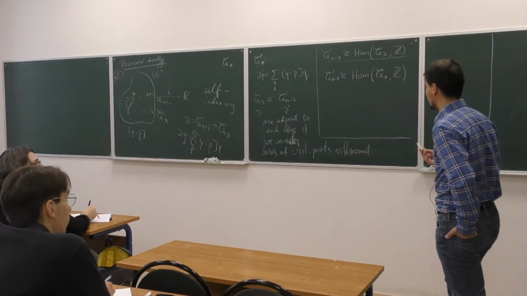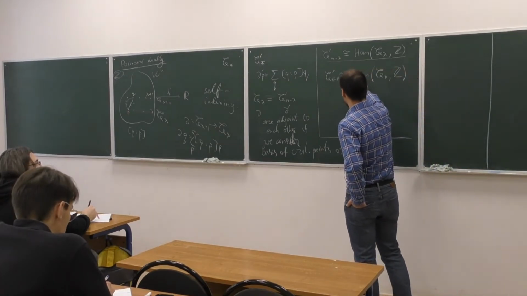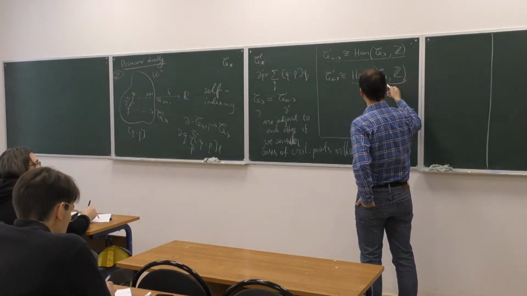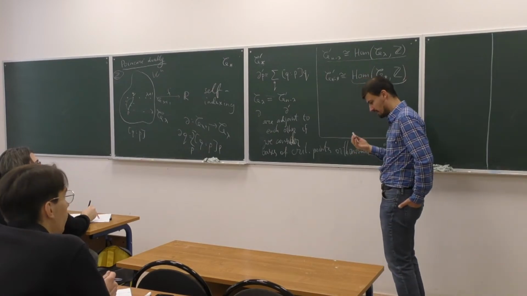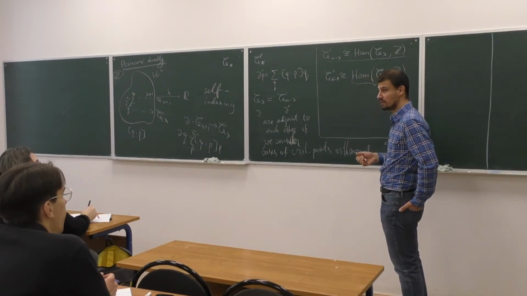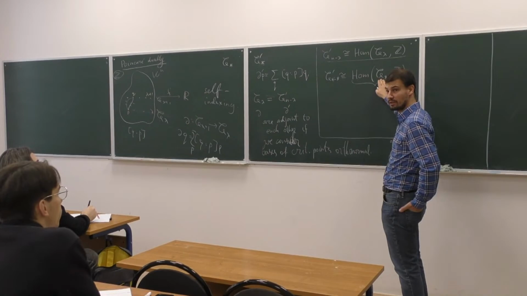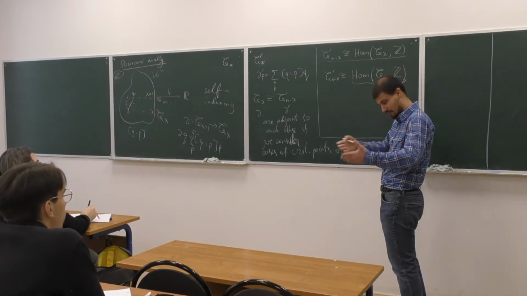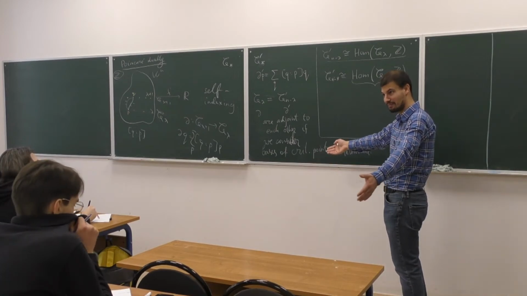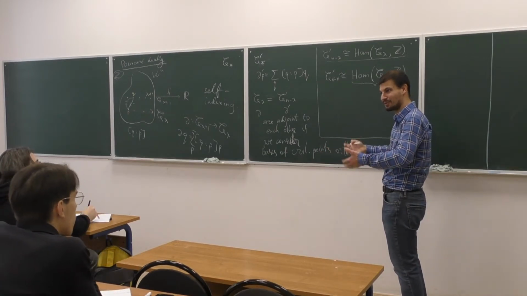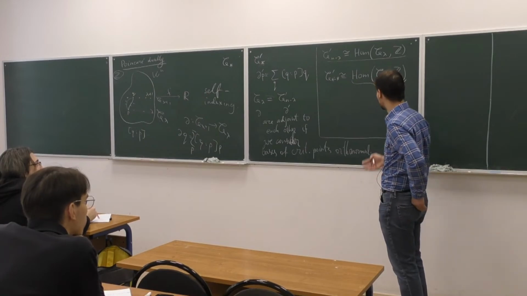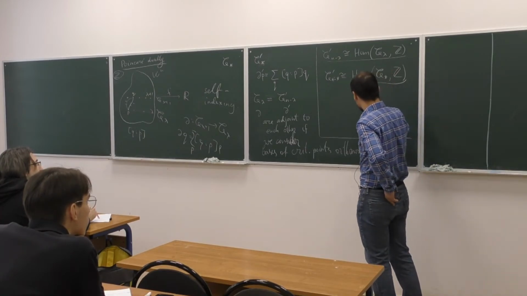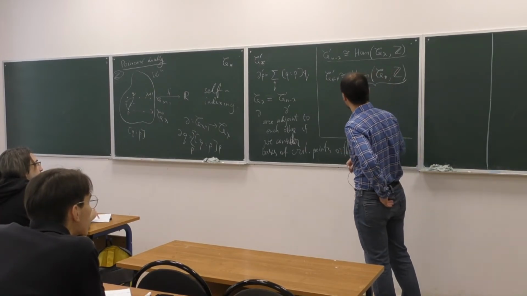What do we know very well? If we consider the standard definition of cohomology, we take a chain complex, we take its dual, and we take the homology of the obtained chain complex. This is called the cohomology of the original complex. So this is just cohomology, and this is homology.